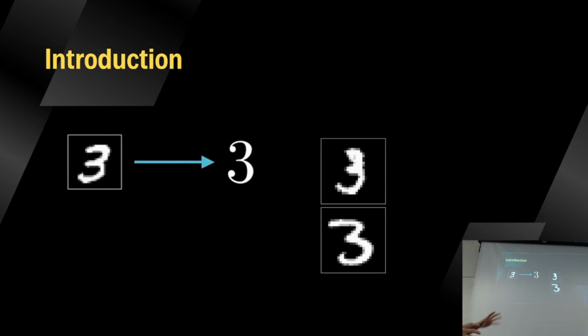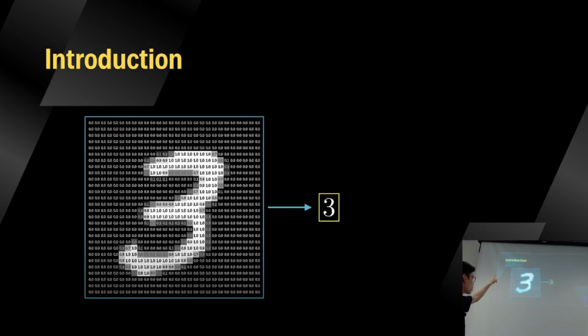For example, if I have a lot of photos with numbers from 0 to 9, how can a computer classify these numbers? This image here has 28 by 28 pixels. Each pixel holds a number that is the gray scale of the pixel, for example, 0 for black and 1 for white.